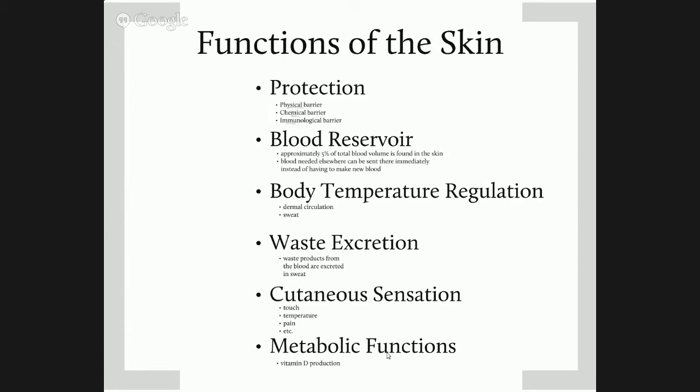So this molecule that's going to be vitamin D goes through the skin to be modified before it becomes active in our body. Vitamin D is more important for bone health, but it's a function of the skin to produce it and help with bone health. And there's a sidebar in the book that describes that.